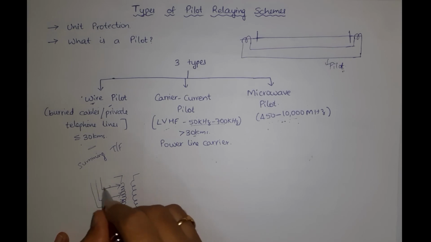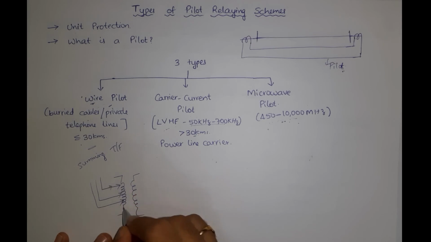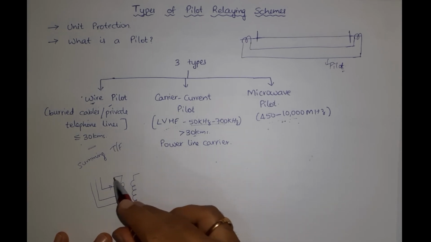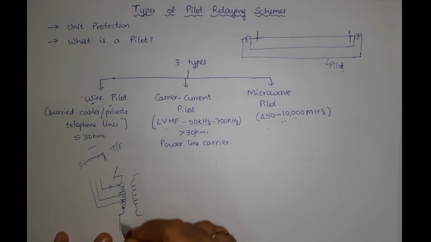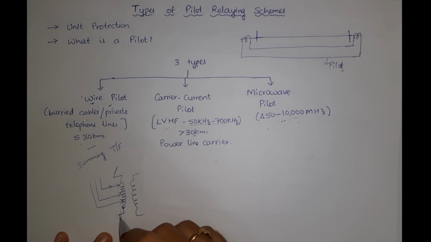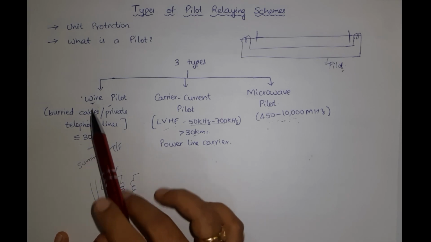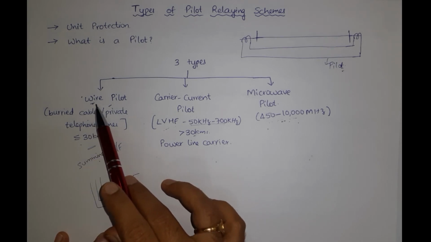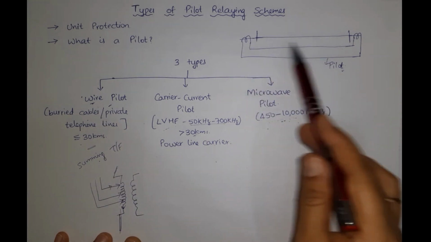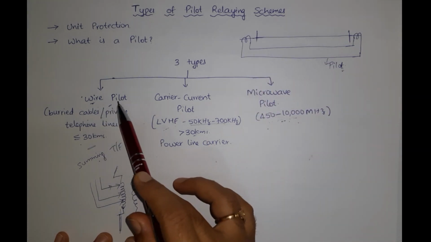The currents coming from the 3 phases go to the summing transformer and get added up, giving the resultant value, so only 2 wires are enough for the resultant coming out of the transformer. So the number of wires can be reduced from 4 to 2 using the summing transformer, and we can overcome the required length of wire for wire pilot protection.